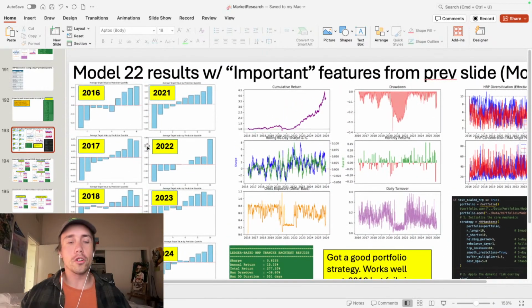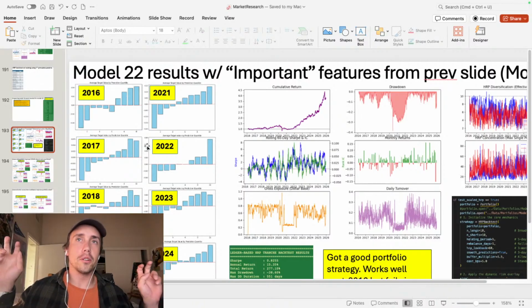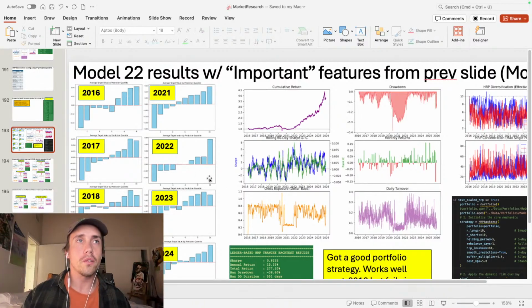And actually, I tried dropping out everything that wasn't considered an important feature from the previous walk forward analysis. And this actually looks better. And now you see it is increasing from 2016 through 2020. There's fairly good gains. Then it drops down to about 0, but it's never going strongly negative. And then it recovers after that.